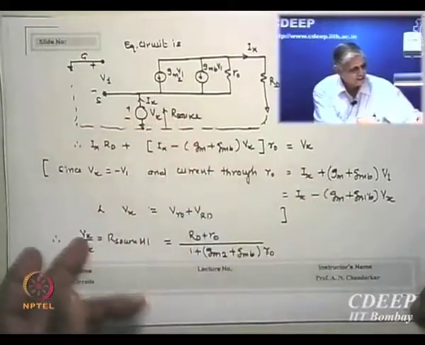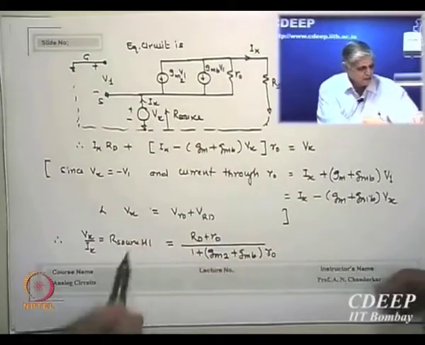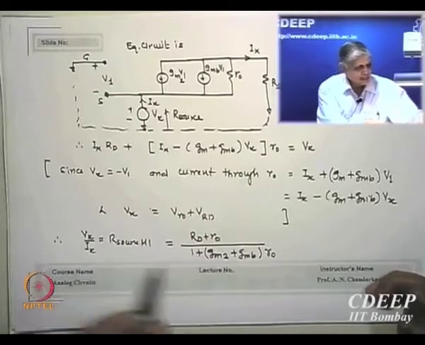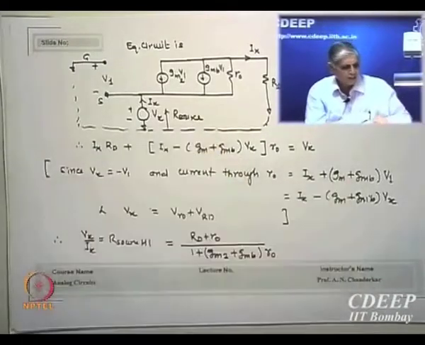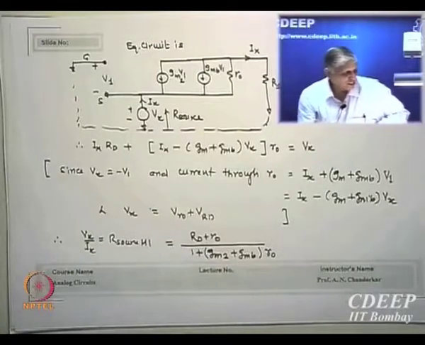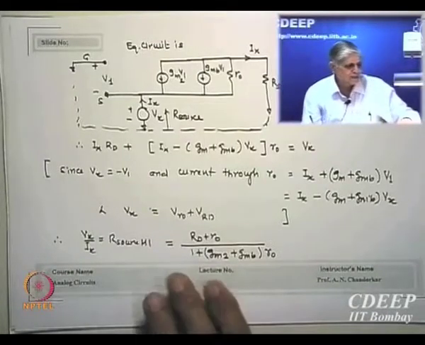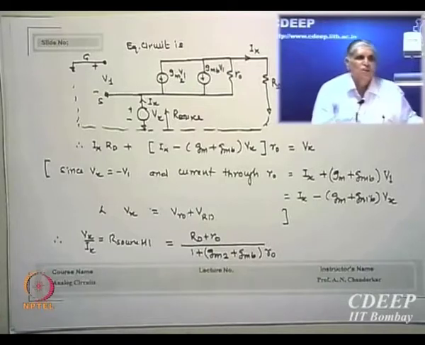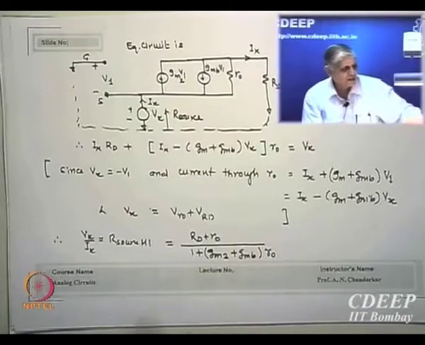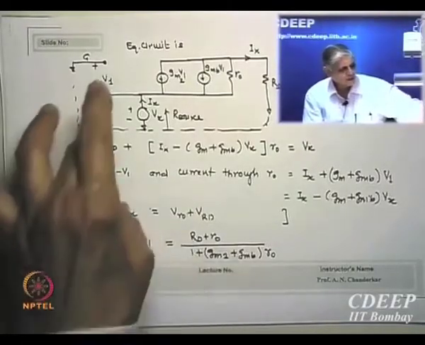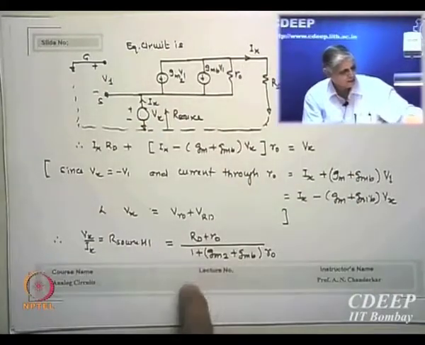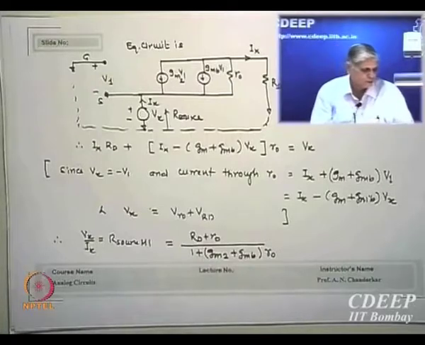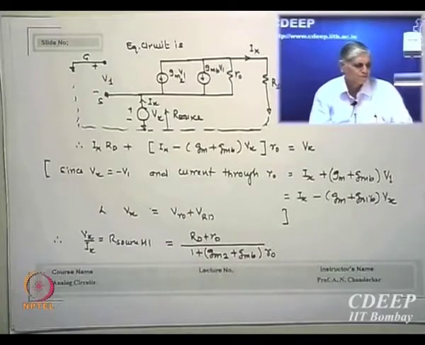Substitute that here and solve for this expression. So Vx by Ix is Rd plus R0; just solve this. The value I suggested to you, this Rs, should come out as the source resistance of M1. From Vx by Ix we will get (Rd plus R0) upon (1 plus (gm2 plus gmb) R0).